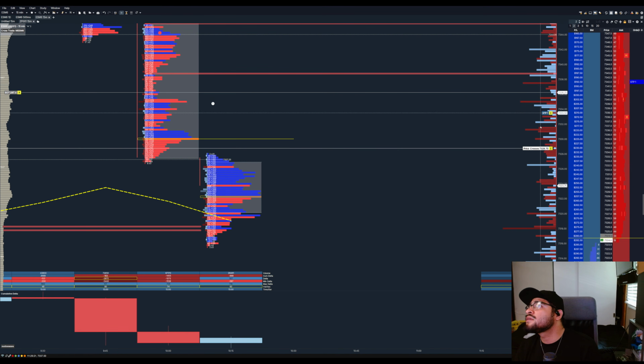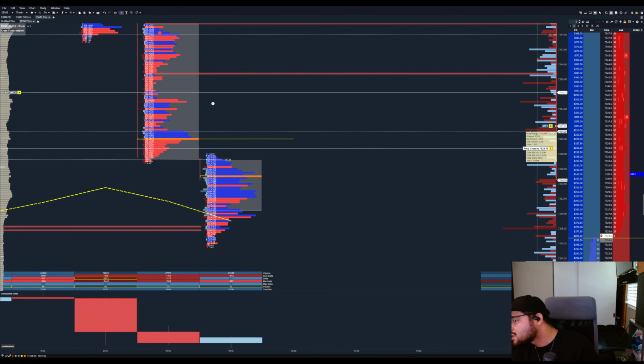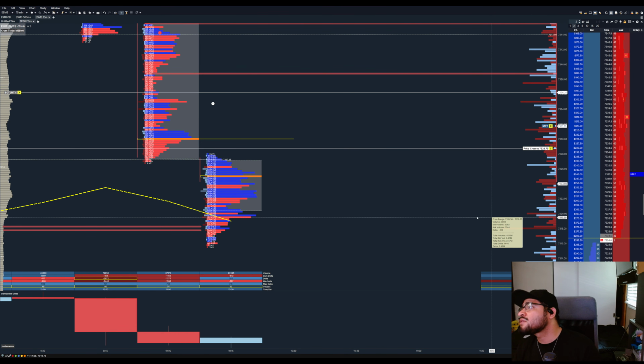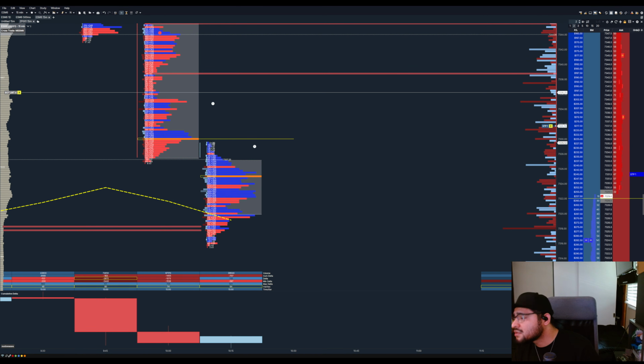I'll lower it to maybe above this POC. Okay, so we do hit it. 36 is the top of the single print area. 36? Yeah. So between, okay, we're tapping the single prints.